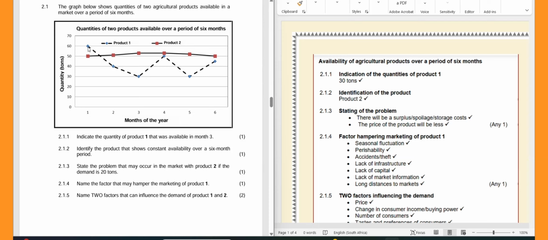There were some times where the quantity in tons for product 1 was 60, then it was 40 tons, then it was 30 tons, then it was 50 tons. So that means that there was something that was hampering the marketing of product 1. So we are looking for those factors, looking for what was hampering the marketing of product 1. So that's perishability, all right? Seasonal fluctuations, all right?